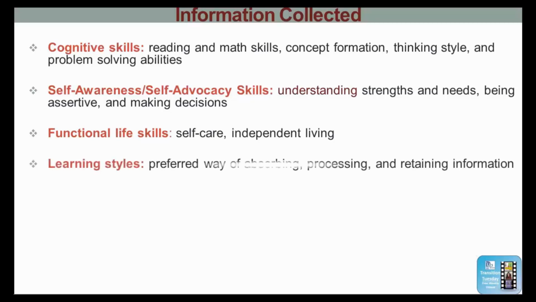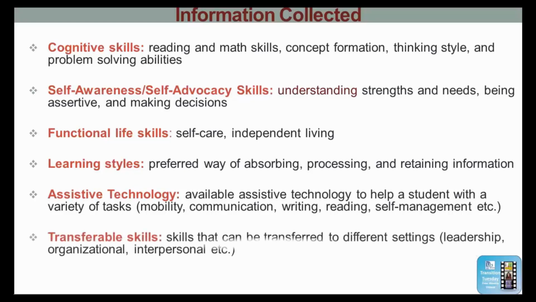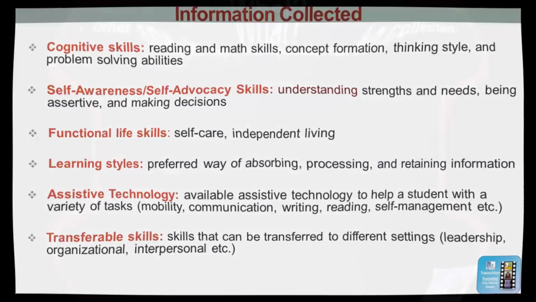Learning styles, which is the student's preferred way of absorbing, processing, and retaining information. Assistive technology, to determine the student's need for help with mobility, communication, writing, reading, self-management, etc. And transferable skills, such as leadership, organizational, and interpersonal.